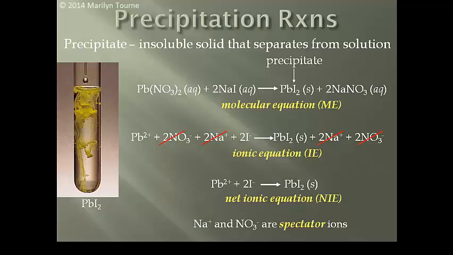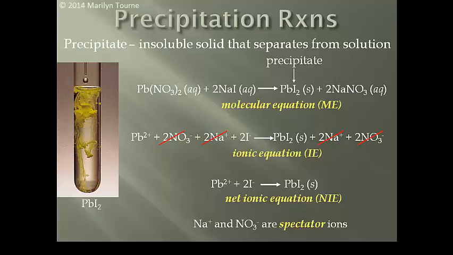So let's go over what these different types of equations mean. On the top, we have an equation which is called the molecular equation. This molecular equation includes the formulas of the compounds as though all the species existed as molecules or whole units. A molecular equation is useful because it identifies the reagents that you have, like lead nitrate and sodium iodide. One thing I forgot to mention is that from now on, it's very important that we include the states of the formulas that we're using.